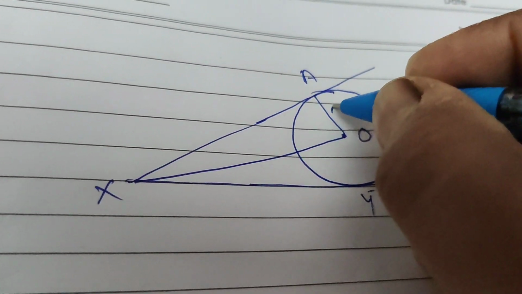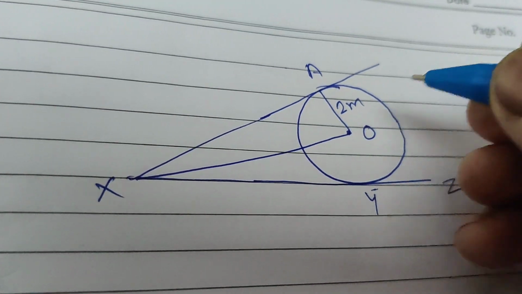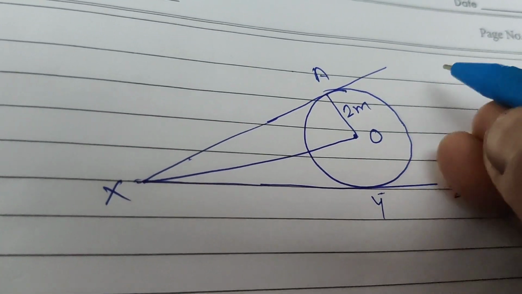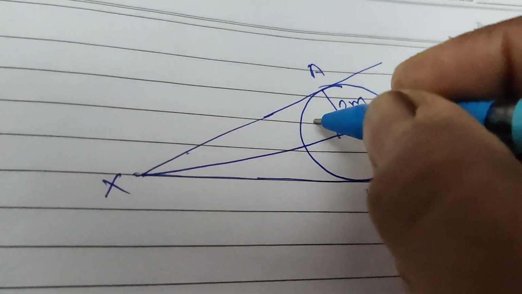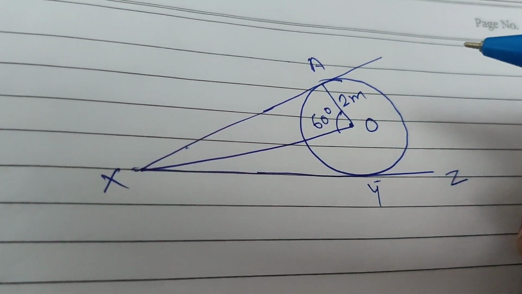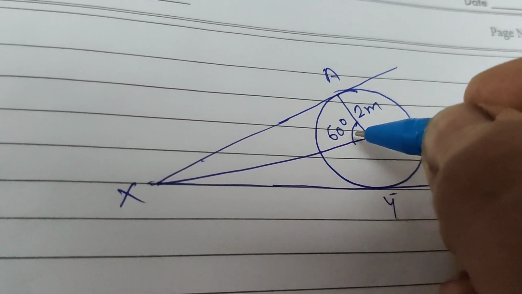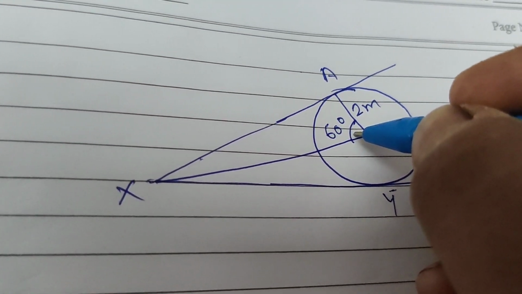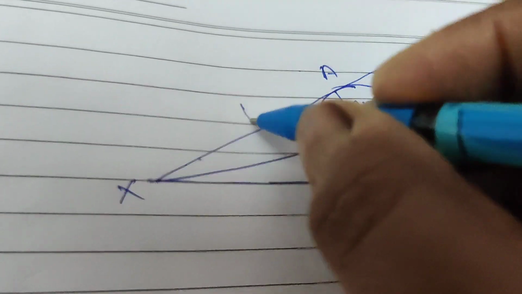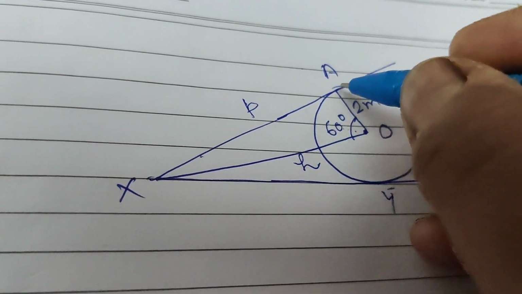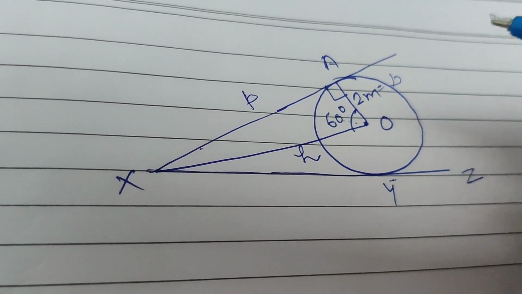The radius, the length of the rope, is 2 meters, and the angle between them is 60 degrees. So now find the length of OX. It means cos 60 degrees. Cos 60 degrees means this is the perpendicular, this is the base, and this one is the hypotenuse, because angle A equals 90 degrees.